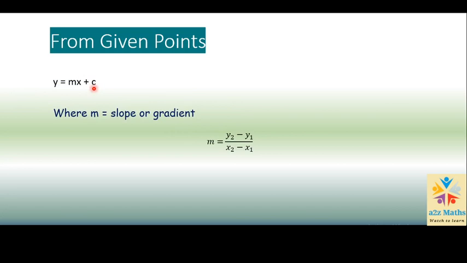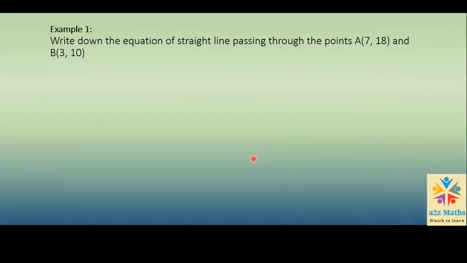We find it by using a formula which is y2 minus y1 over x2 minus x1. So this is the formula for m, to find the gradient. Or you can say it is change in y over change in x. All right, now let's solve an example.